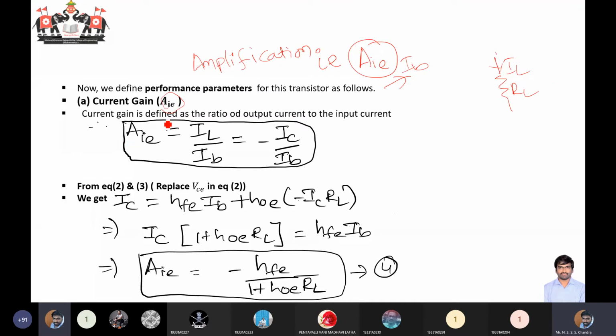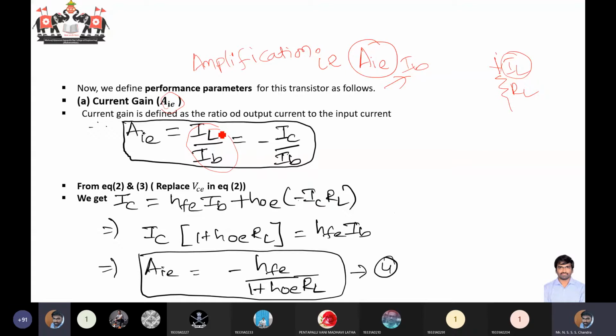Here I'm only considering the amplifier circuit, not the transistor alone. If I had written for the transistor, I would have written IC by IB. Now I'm considering it as an amplifier, so the output current is IL. So IL by IB, I can rewrite as minus IC by IB.